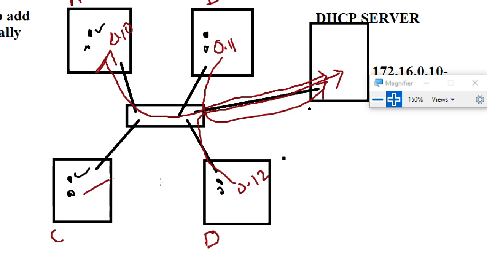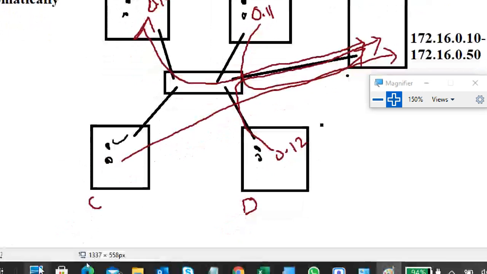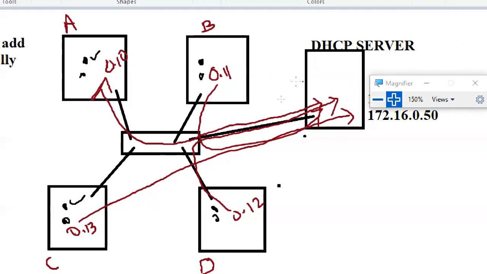Now I started PC C. Then PC C also sends a request to DHCP. I got 0.13. It means 172.16.0.13. Like this. Dynamic means, based on which device comes first, they get an IP address.